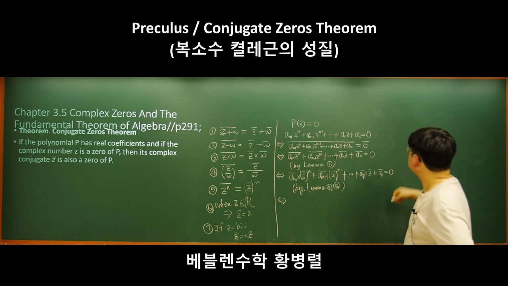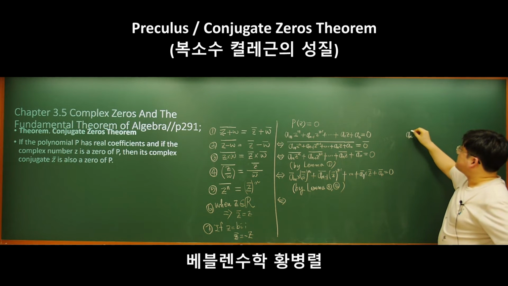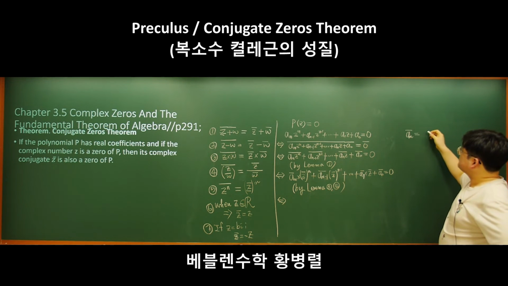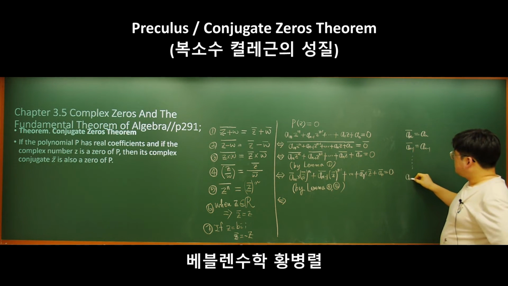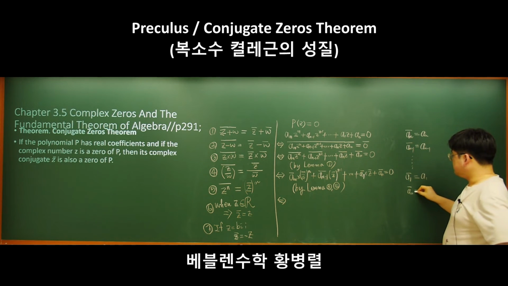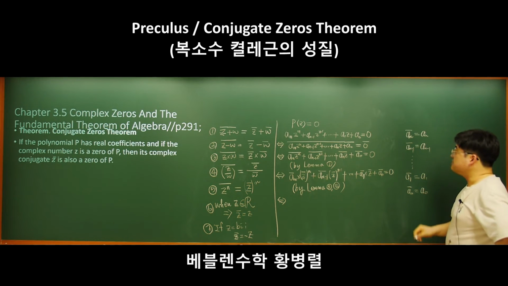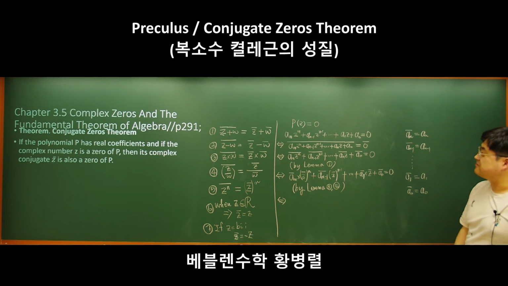Then bar of a n should be equivalent to a n, and bar of a n minus 1 is equivalent to a n minus 1. Bar of a 1 is equivalent to a 1, and bar of a 0 is equivalent to a 0, because all of them are real numbers.